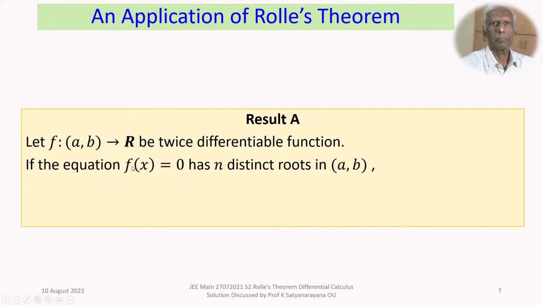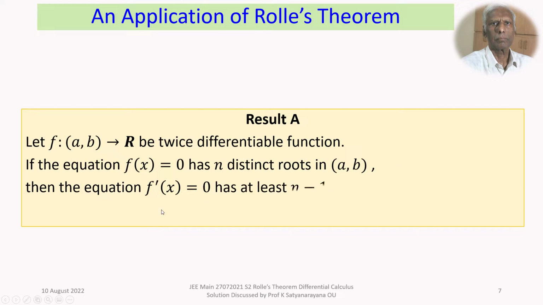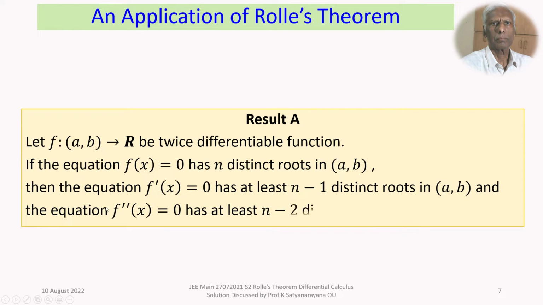If the equation f(x) = 0 has n distinct roots in the open interval (a, b), then the equation f'(x) = 0 for the first derivative has at least n minus 1 distinct roots in the interval (a, b), and the equation f''(x) = 0 has at least n minus 2 distinct roots in the open interval (a, b).